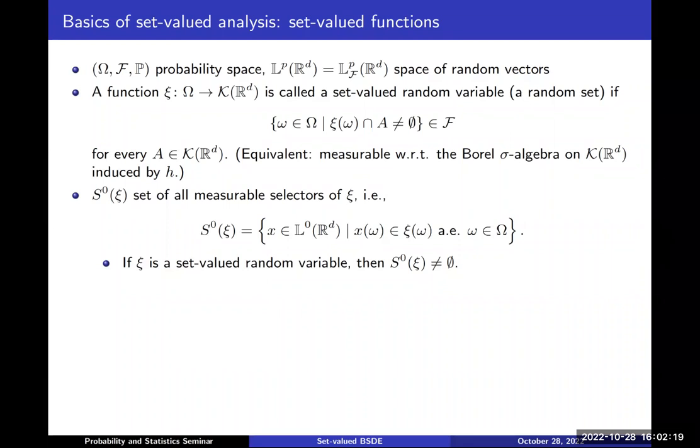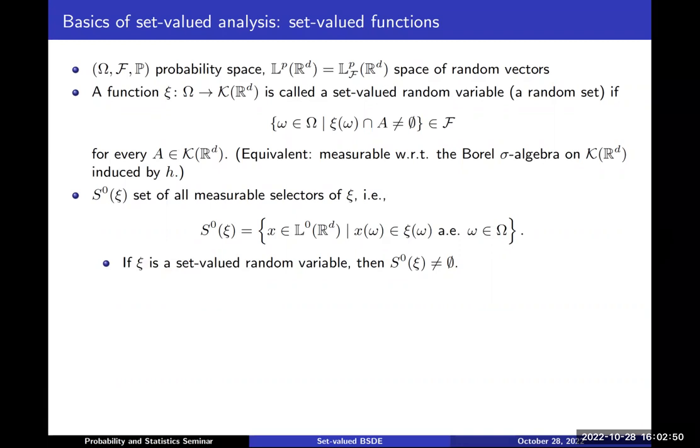Can I talk about a random vector, which I already know very well, X, which always takes values inside C of omega? This X is called a measurable selection. So S0 is the set of measurable selections. I say that X is a measurable selection of C. That's another notation to keep in mind.